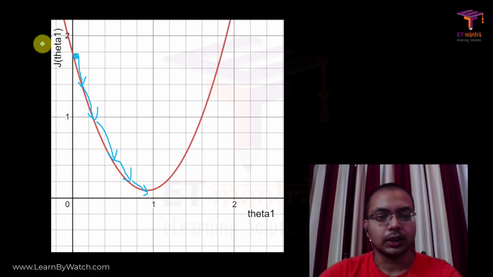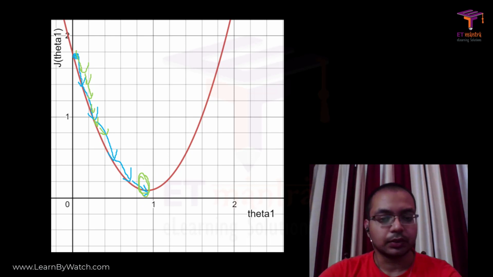But if our learning rate, which is alpha, is too small, then these steps would be too small and it would take very much time to reach up till here.